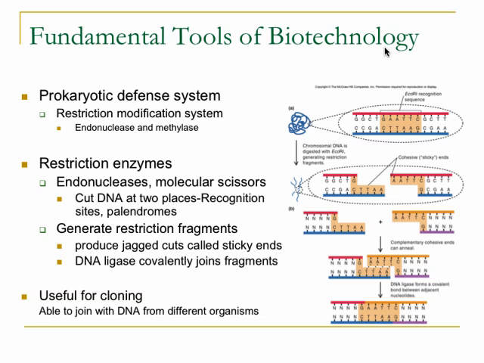So the tools that are necessary in order to create recombinant DNA are these restriction enzymes. And it's thought that they are a defense system, as I mentioned. They're naturally occurring in bacteria. Each bacteria genus will have a different restriction modification system. Not all bacteria have this system.